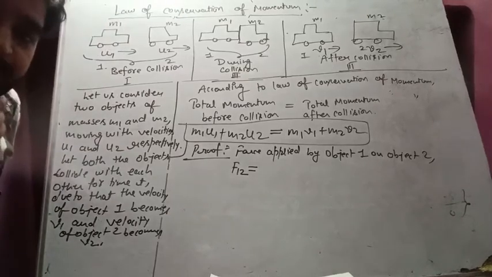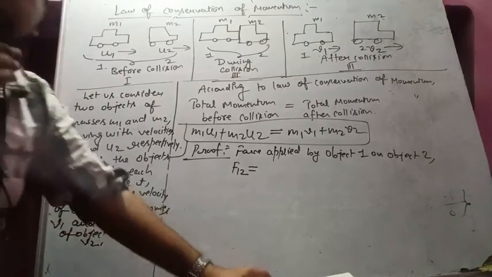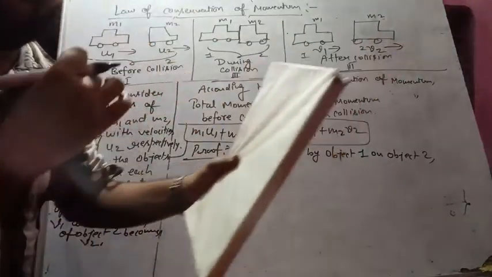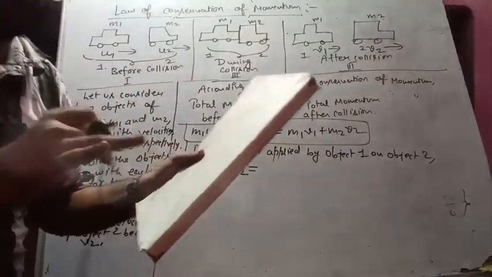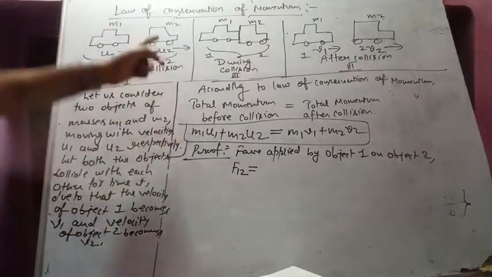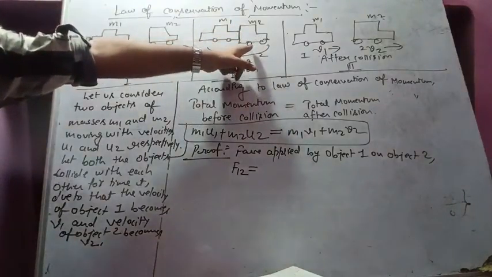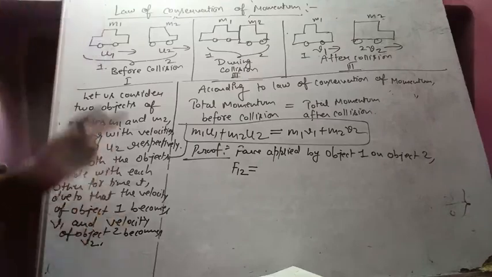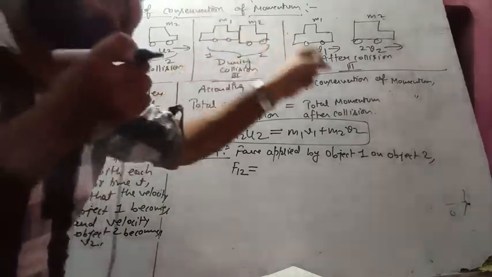But who has faced the force? Second. So always remember this: when we discuss force, mass and acceleration we consider of the body which is facing the force. Who is facing the force among 1 and 2? 2 is facing the force. We have to consider the mass of 2 and acceleration of 2. Clear? Force is the product of mass and acceleration, but both we consider for the body which is facing the force.